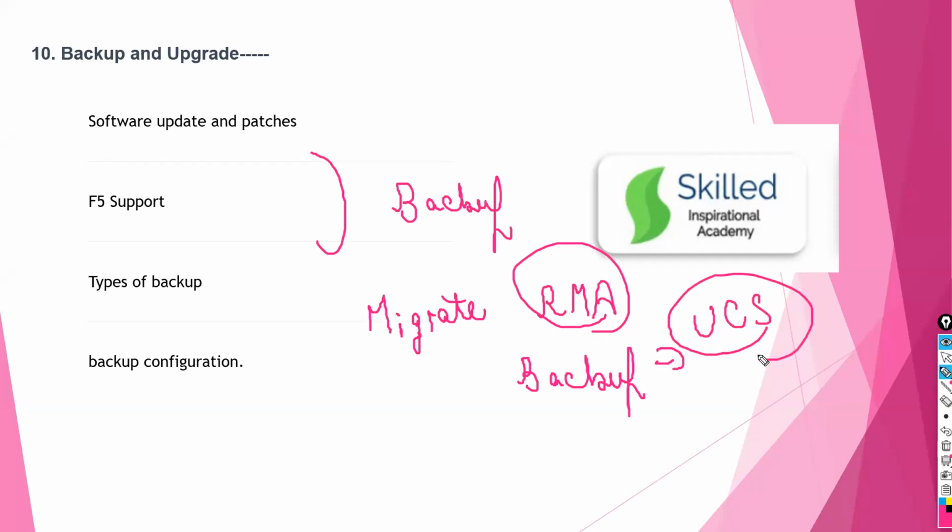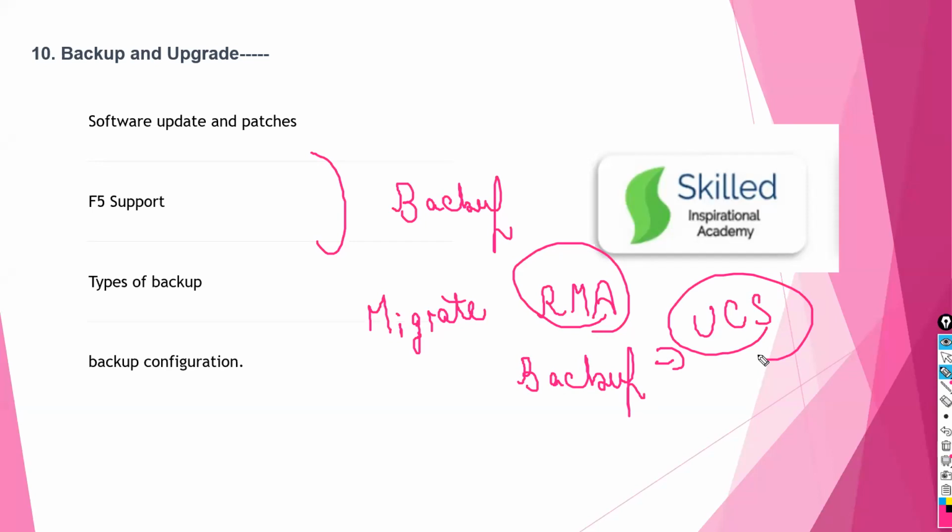Or let's say I'm on one module and need to migrate to another module. That is where we will also check. This is where I will discuss backup and upgrade. So very, very important.